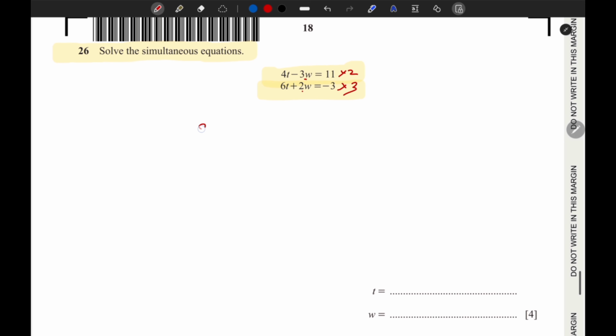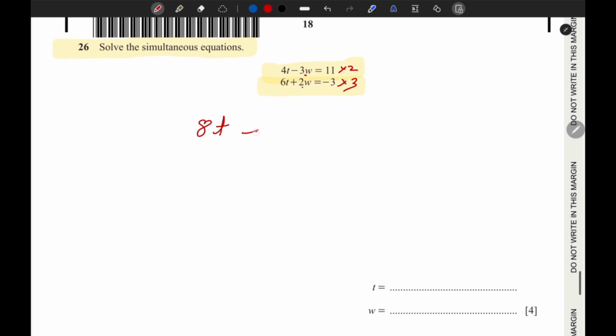So writing the equations, this will be 8t minus 6w equals 22, and this is 18t plus 6w equals minus 9, since 3 times minus 3 is minus 9.